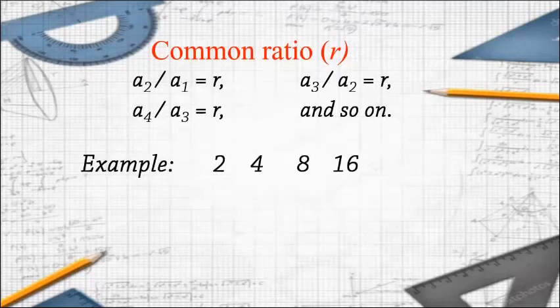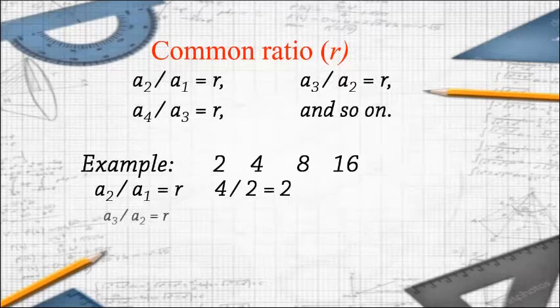Let's try to identify if this given sequence is geometric or not by solving for the value of our common ratio. So let's start with the first one, a sub 2 over a sub 1. So we will have 4 over 2. So 4 is the second term, and 2 is our first term. So 4 divided by 2 is equal to 2. Next one, a sub 3 over a sub 2. We have 8 divided by 4, which is also equal to 2.